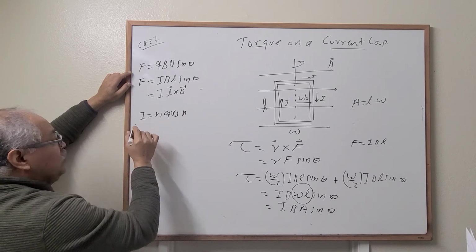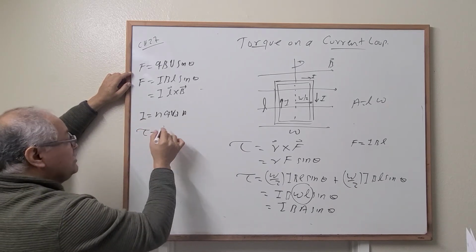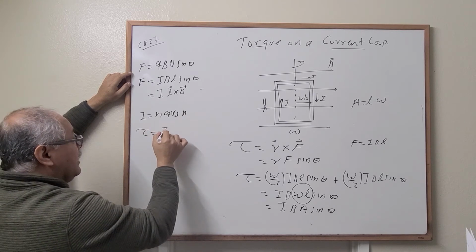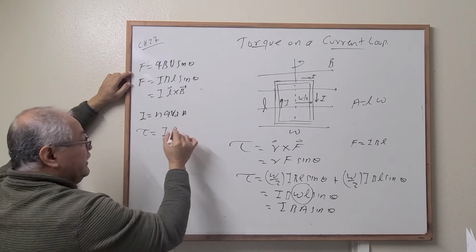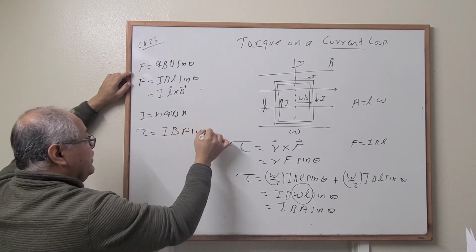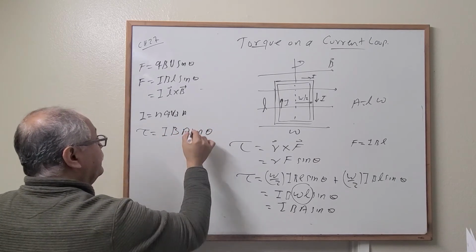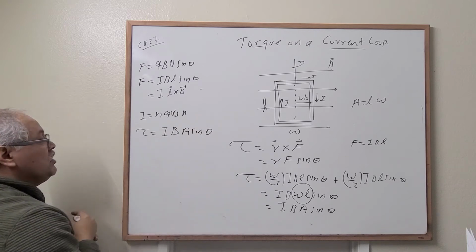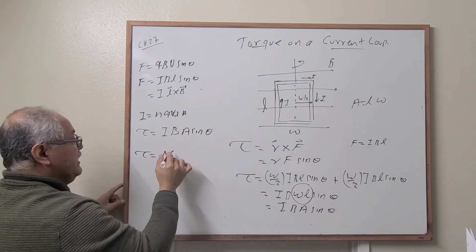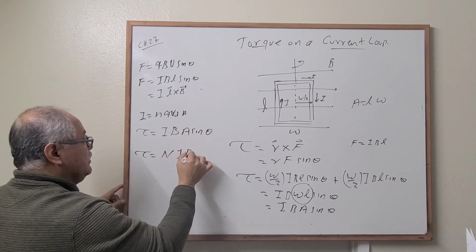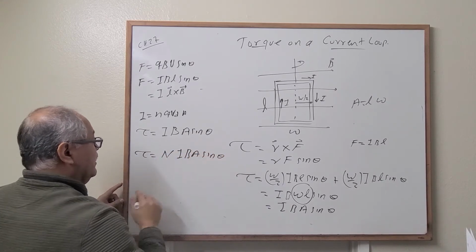So the torque is equal to the current times the magnetic field times the area times sine theta. If we have N loops, it is just N times the current times B A sine theta.